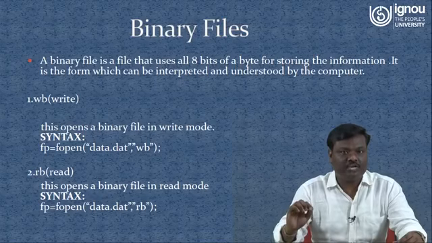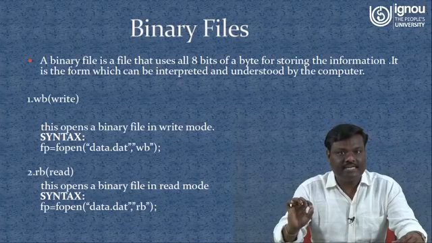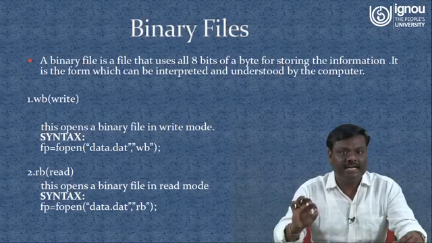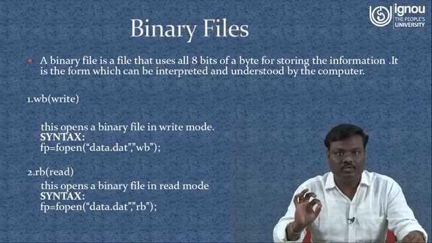FP is equal to fopen within braces, within double quotes. The first argument is the file name data.dat, and then, to specify that data.dat is a binary file that you want to open in write mode, the second argument is WB.